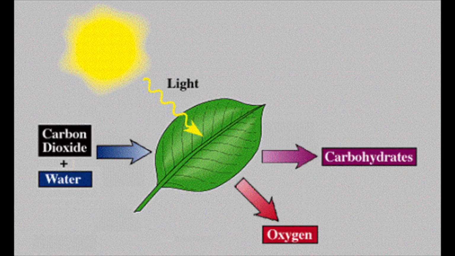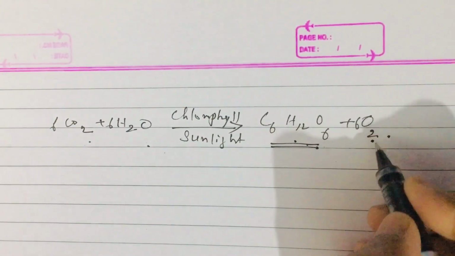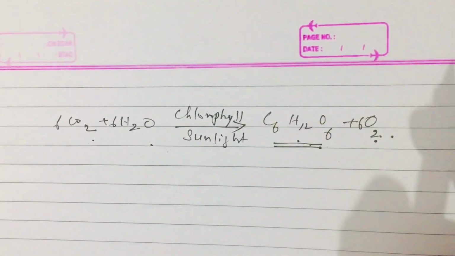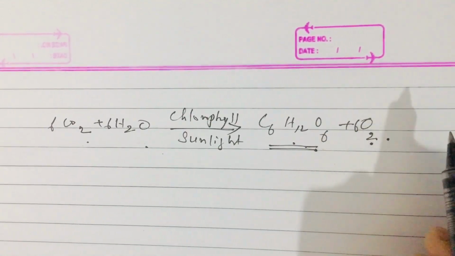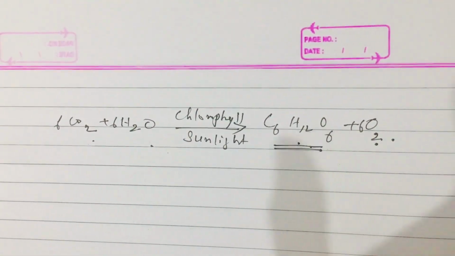Carbon dioxide and water are used by the plants to produce glucose and oxygen. Glucose is the simple form of carbohydrate, and oxygen, which is a byproduct in this chemical reaction, serves as the breath of life. That is why green plants are the lungs of nature. We have to encourage afforestation.